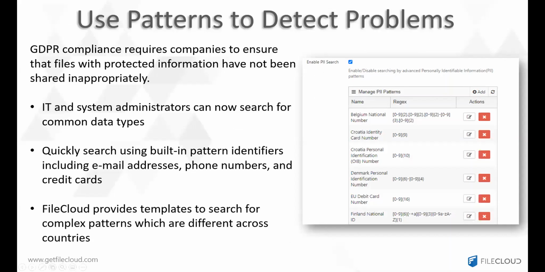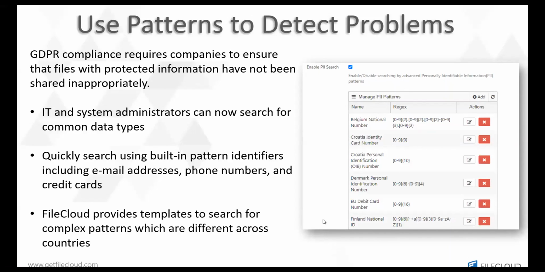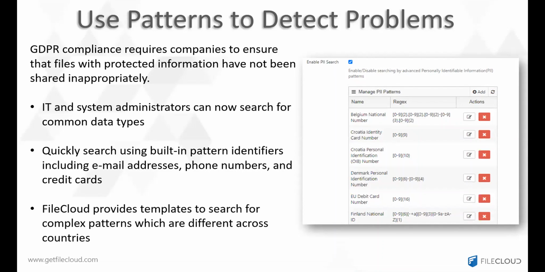Now, before we continue, let's go ahead and look at FileCloud directly so we can start looking at how we can accomplish all of these actions in a better way. Perfect.